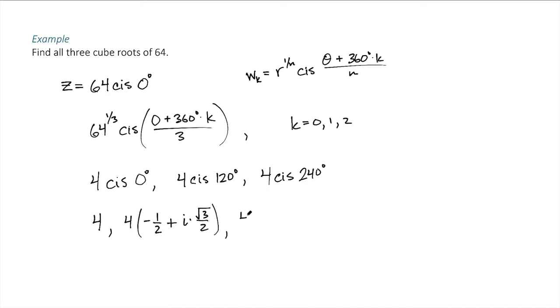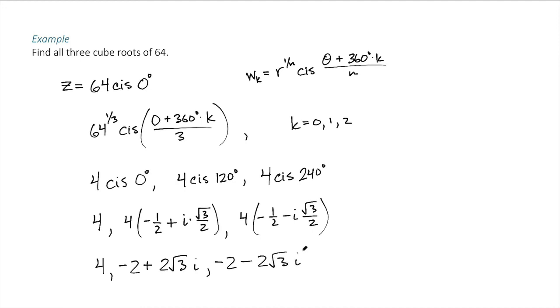And then here, cosine of 240 is negative 1/2, plus i times sine of 240 degrees, which is negative square root of 3 over 2. And of course we can simplify this a little bit. So bringing the 4 in here, we get negative 2 plus 2 root 3 i, and here we get negative 2 minus 2 root 3 i.